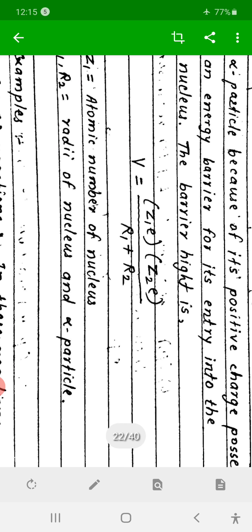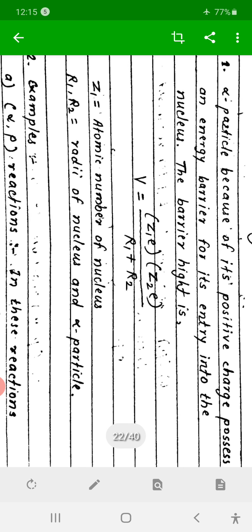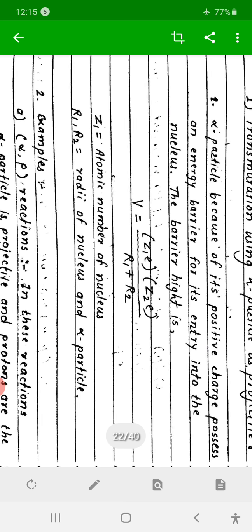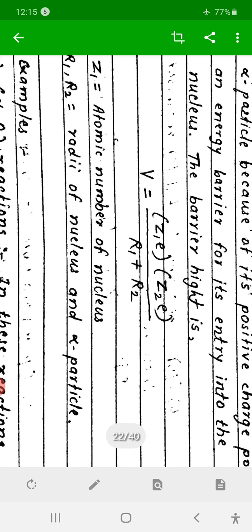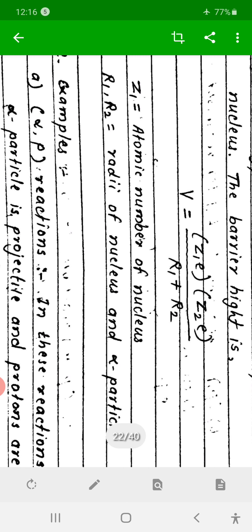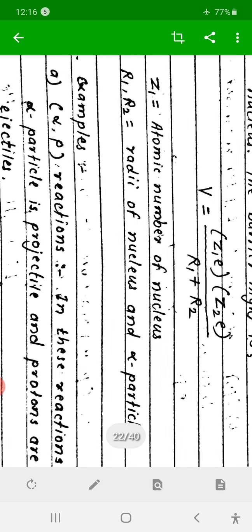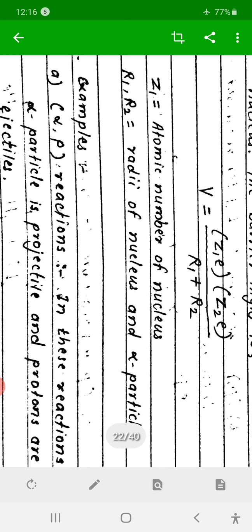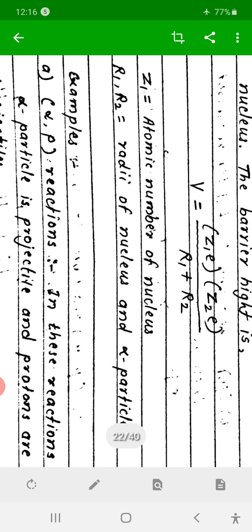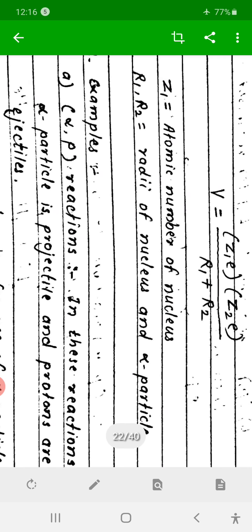That barrier energy, known as barrier height, is calculated by the equation phi is equal to Z1 E times Z2 E upon R1 plus R2. What is Z1? The atomic number of the nucleus. R1 and R2 are the radii of the nucleus and alpha particle. Here Z2 is the atomic number of helium.